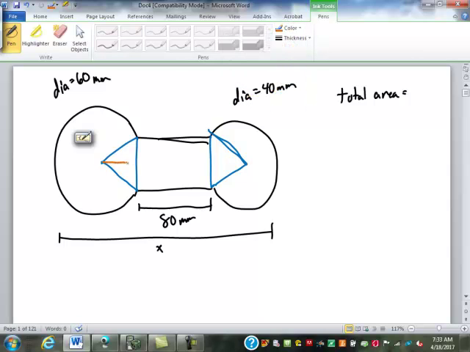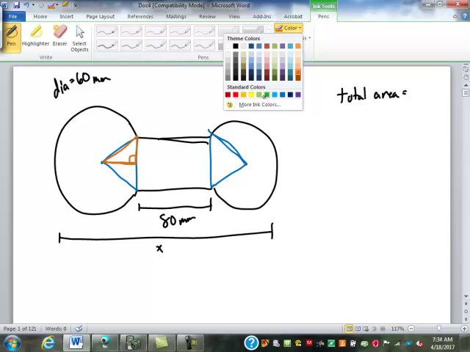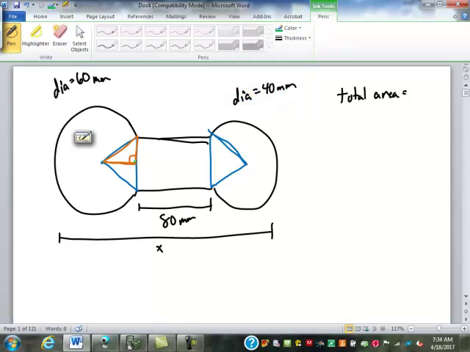Cut this triangle in half. So pull that out here where we can look at it.